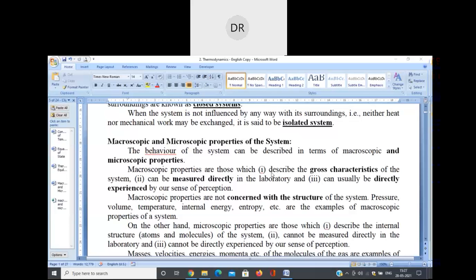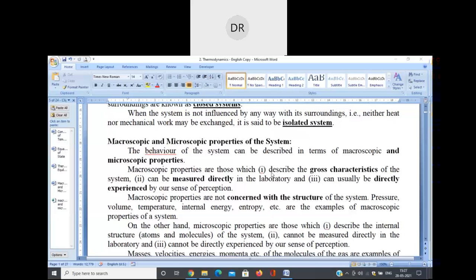These are the properties which come into observation for a system. Those properties are divided into macroscopic and microscopic properties. What do the macroscopic properties tell, and similarly, what do the microscopic properties tell about the system?